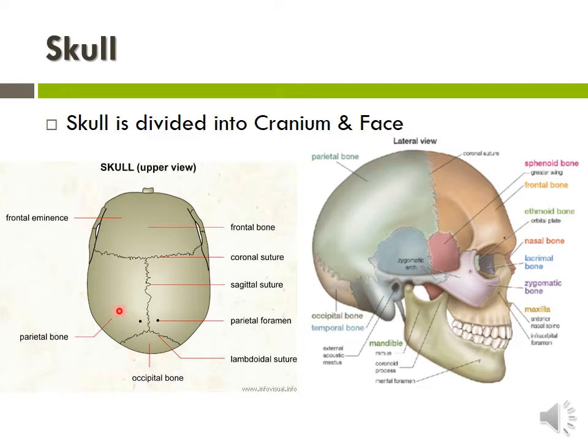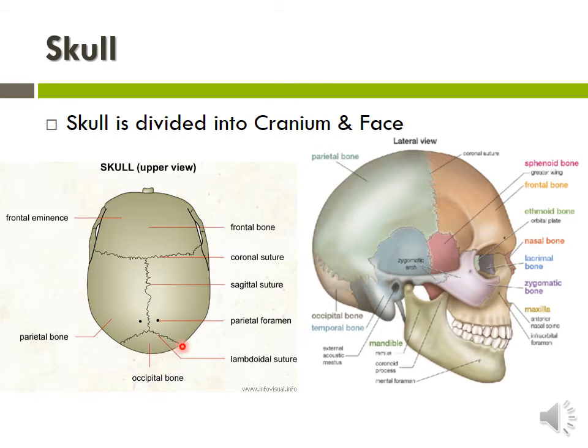You have a left side parietal bone and a right side parietal bone. And there is one behind, the occipital bone. So these are the types of bones making up our skull: the frontal bone, the parietal bone on the right side, the parietal bone on the left side, and the occipital bone.